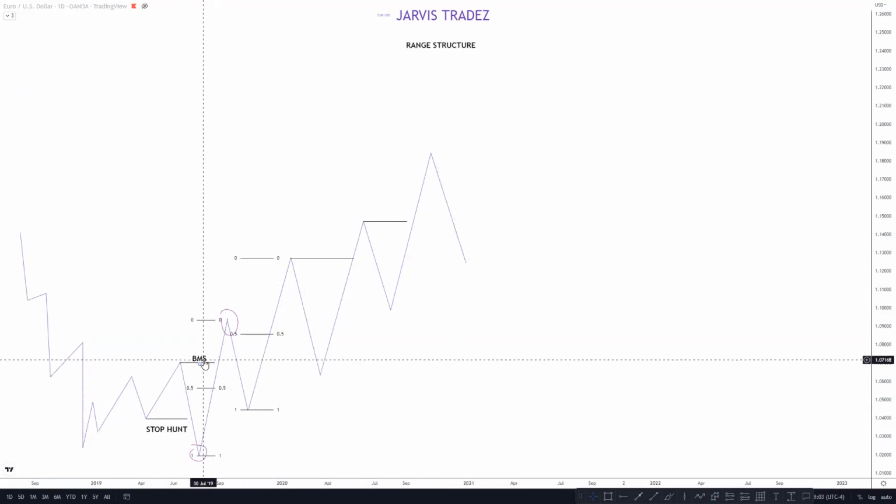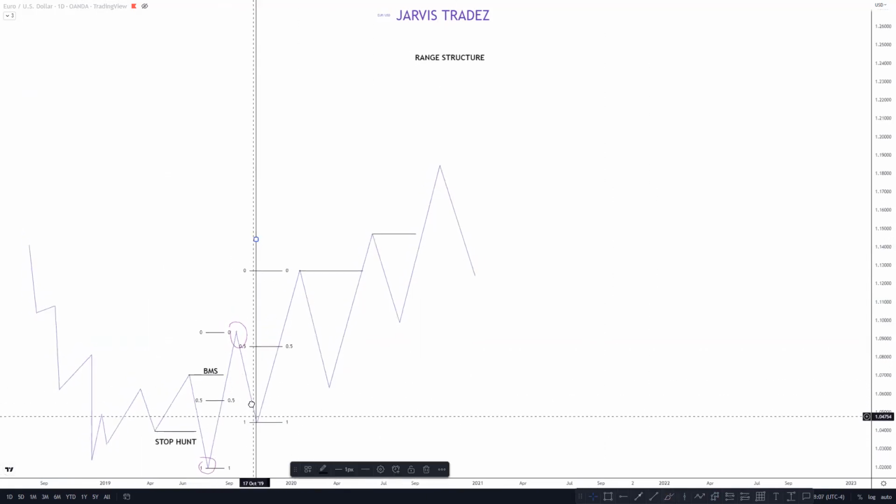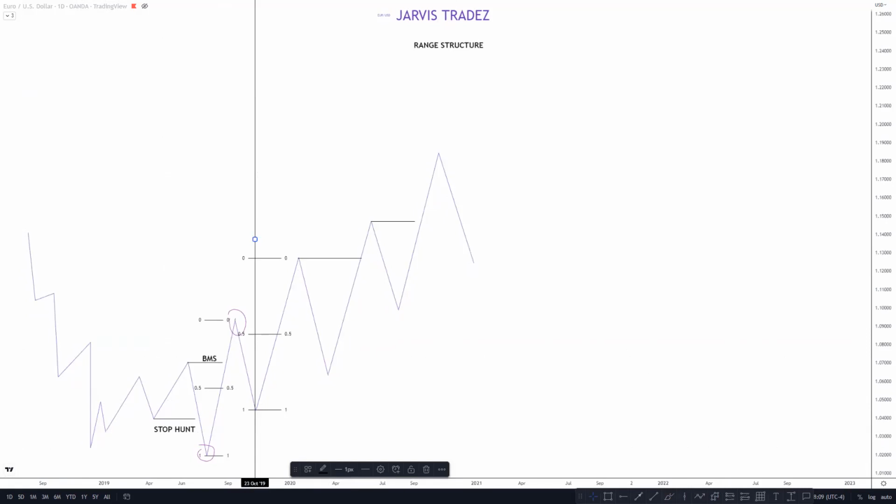So here is the BMS, and all these minor structure swing highs and swing lows will be your range structure. So this is how I see range in bullish structure.